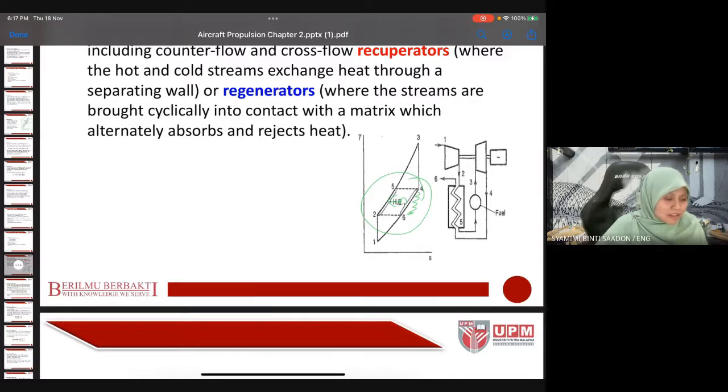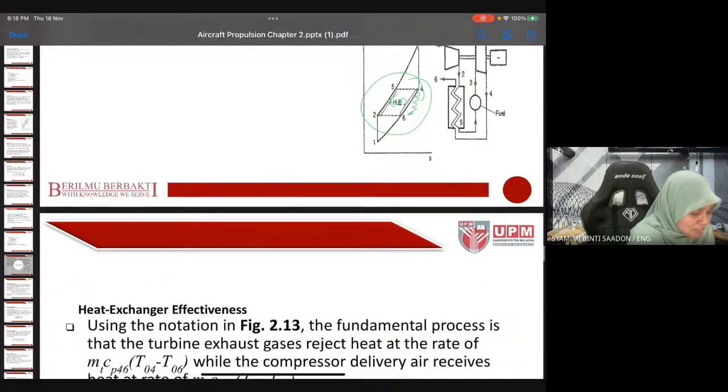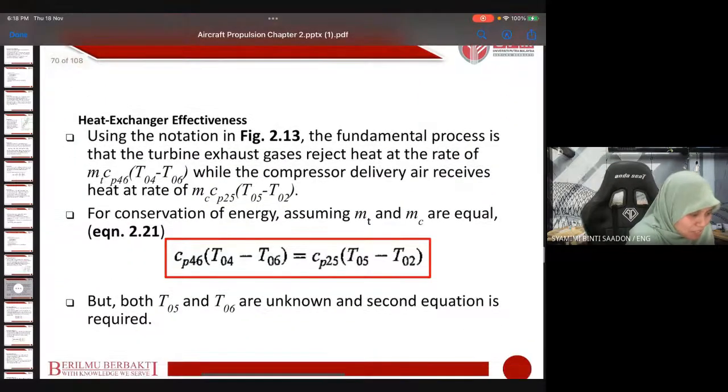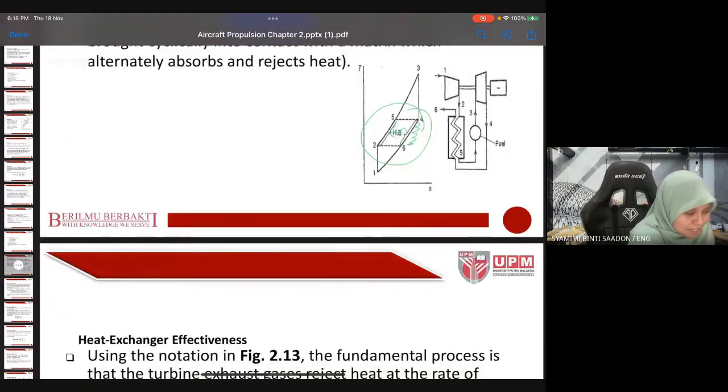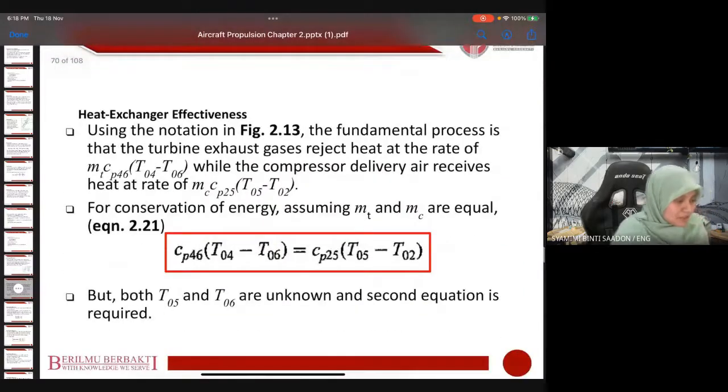Okay. So using the same diagram for 6, the hot side. For 6, the fundamental process is that the turbine exhaust gas rejects heat at the rate of the MCP, etc. Those are the enthalpy, H, the energy.